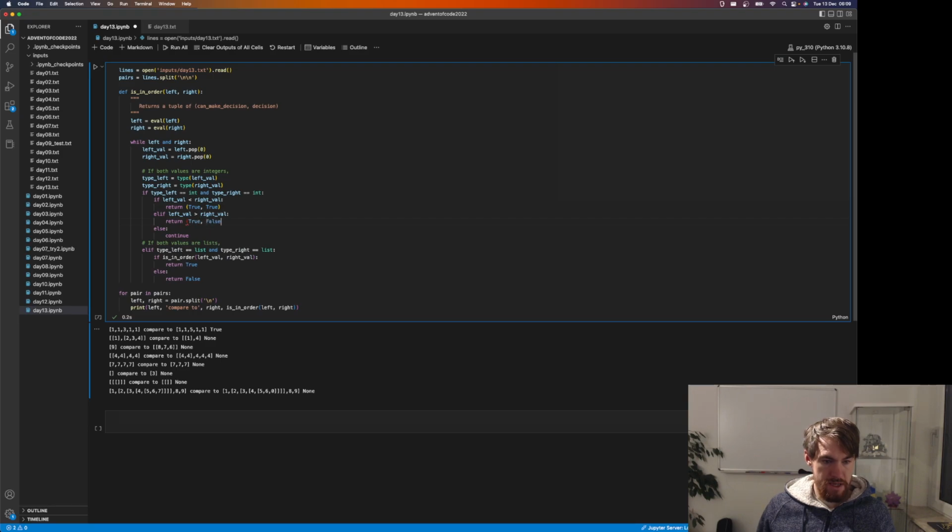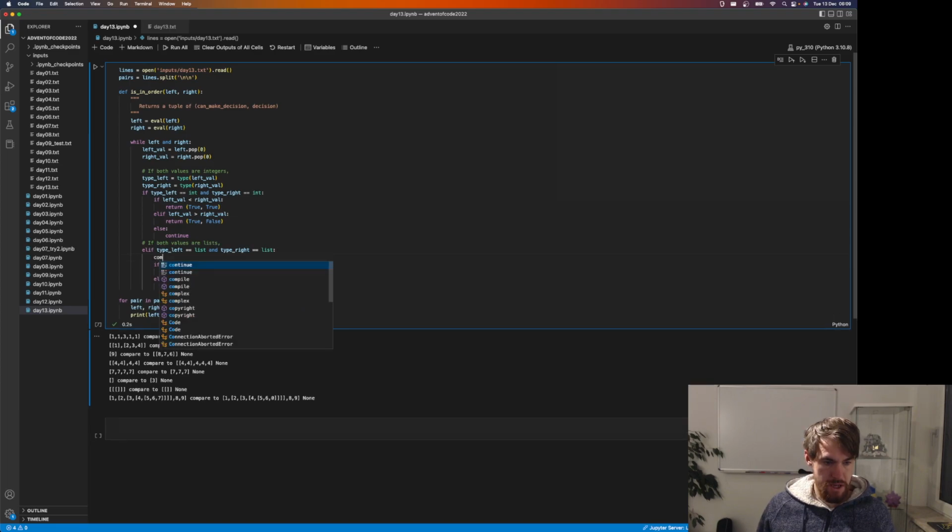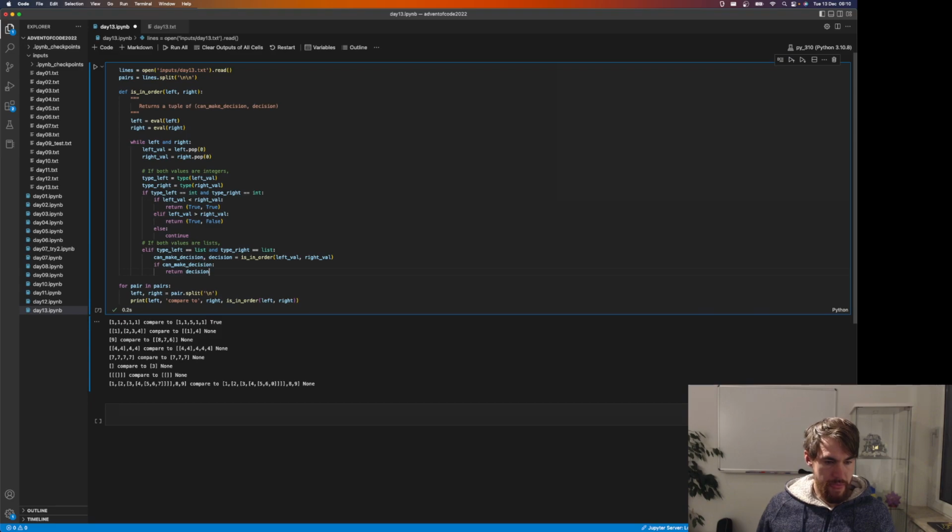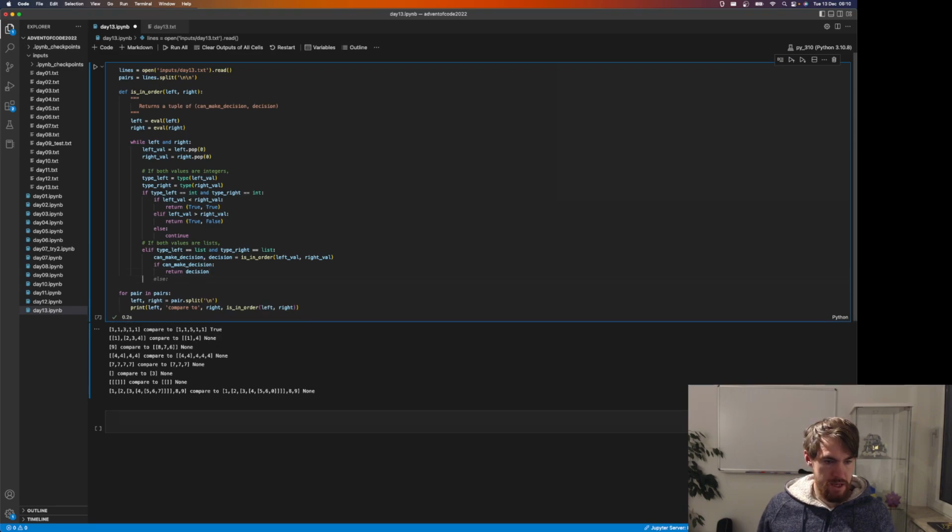Here we can also make a decision, but the decision is that it's false. So then we can say comparison, or can make decision, is in order with the left and the right. Cool, that at least helps.